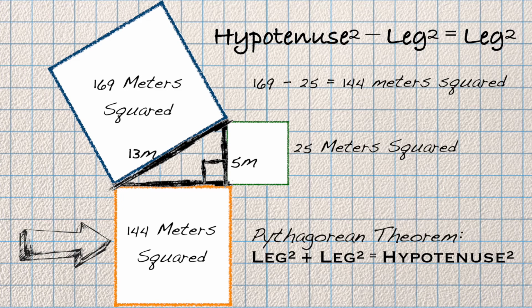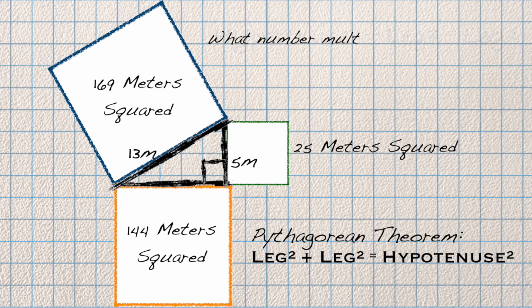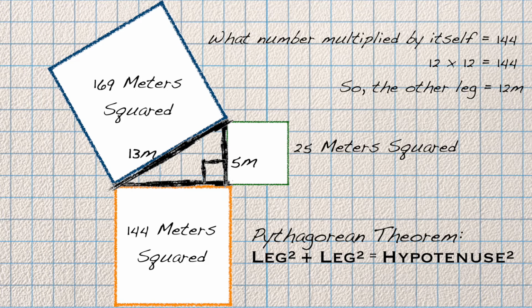And to find the length of this leg, we can find what number times itself will equal 144, or just take the square root of 144 itself. Well, 12 times 12 is 144. So the length of the other leg of this right angle triangle is 12 meters.